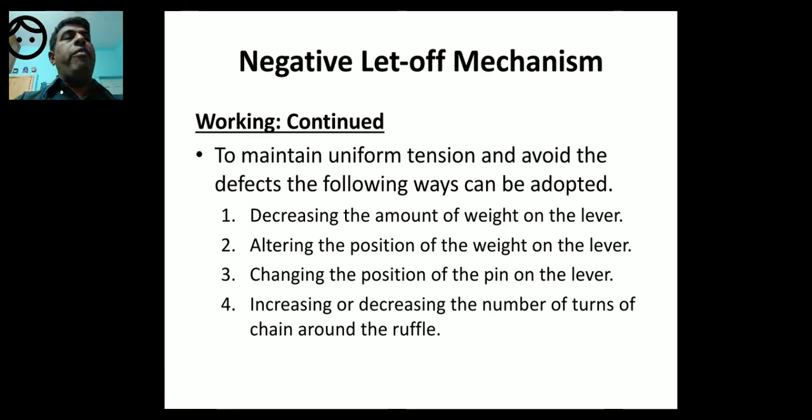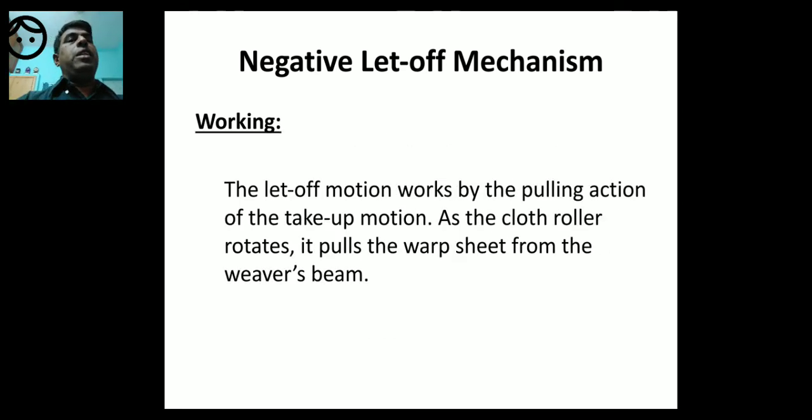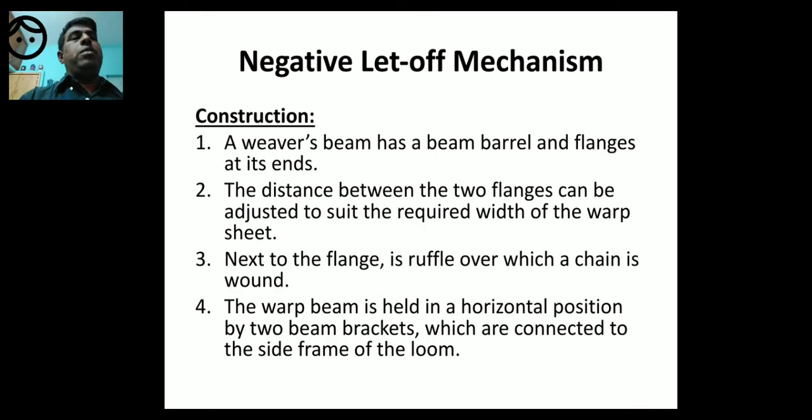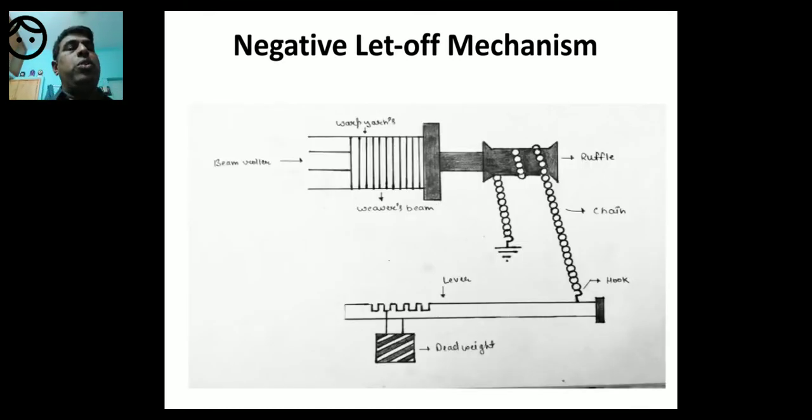Decreasing the amount of weight on the lever. So you see there is a dead weight, here in the diagram you see there is a dead weight. So decreasing the amount of weight on the long lever.